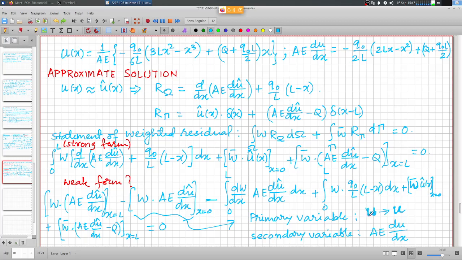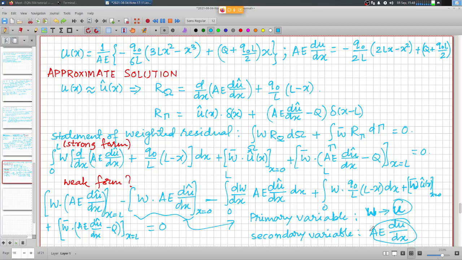So essentially zeroth order derivative. The form in which the weighting function appears in the boundary term, replace the weighting function by the unknown function of the problem, so that is the displacement u. So u is the primary variable and ae times du by dx is the secondary variable.